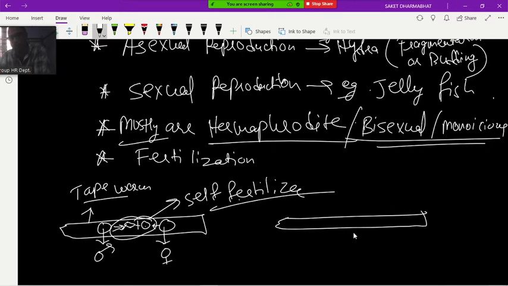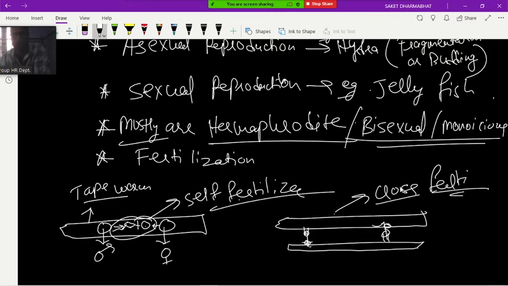If you talk about the earthworm, this is the male sex organ, this is the female sex organ. So two earthworms exchange their gametes like this. The male sex organ of one is inserted into the female sex organ of the other, and like this they exchange. This is called cross fertilization.